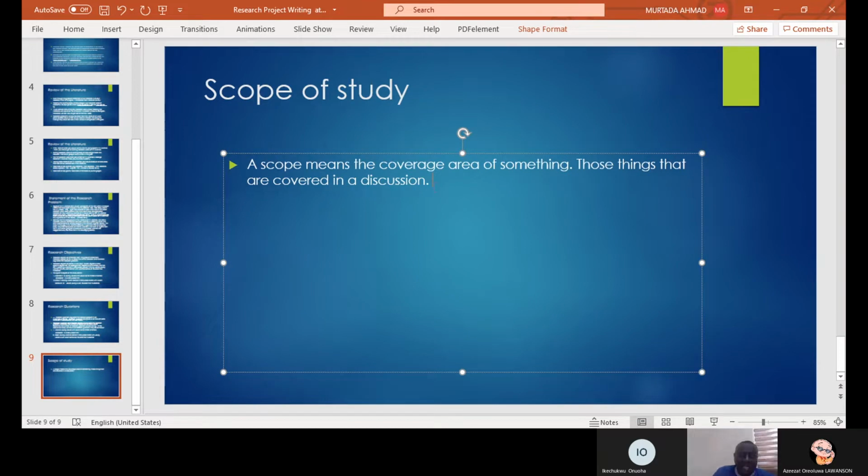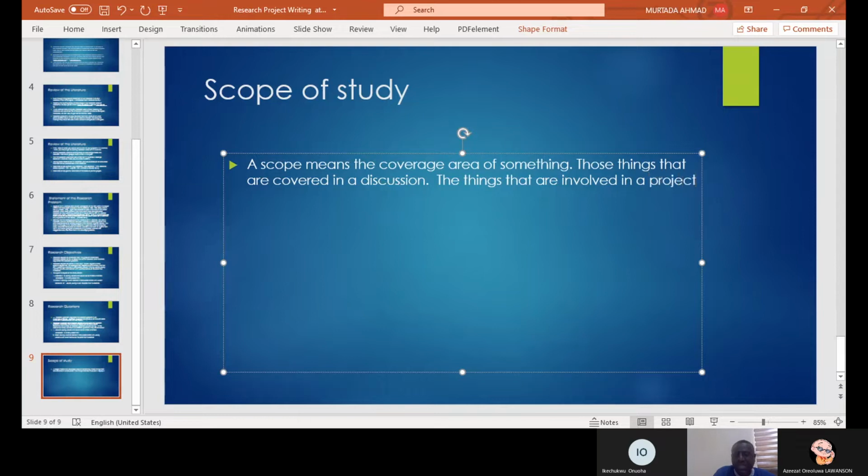So those things that are covered in the discussion, those things that are involved, are the things involved in a project.